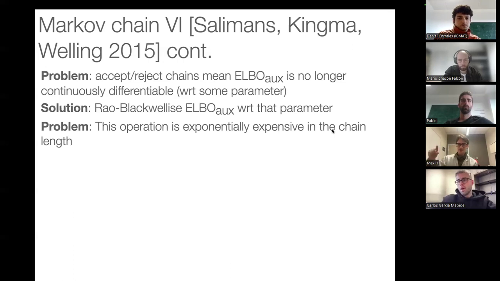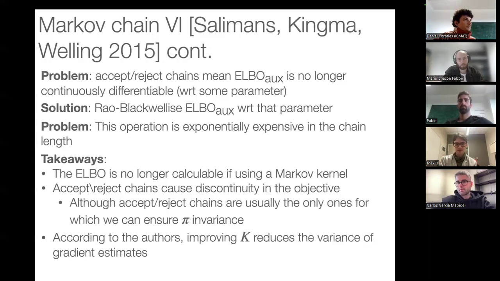So taking these expectations and calculating them exactly with respect to the accept-reject parameter, the longer the chain is, the computation will get exponentially more expensive. And so therefore, in the case that we're using accept-reject chains, we'll want to use very short chains within this framework.